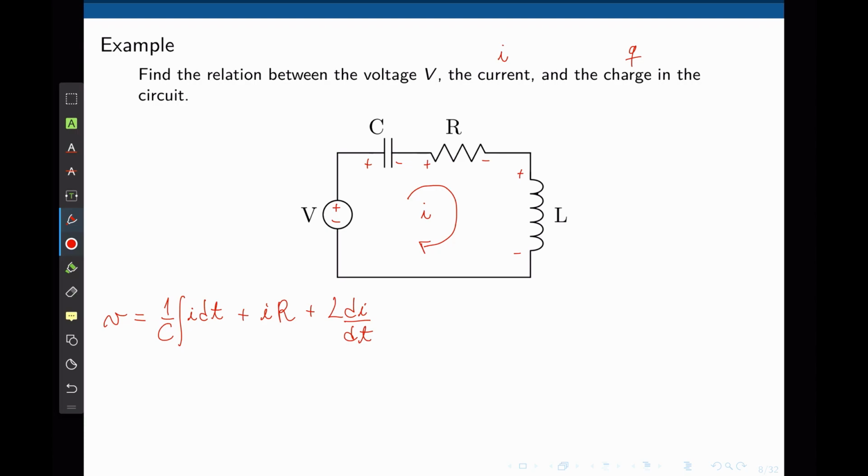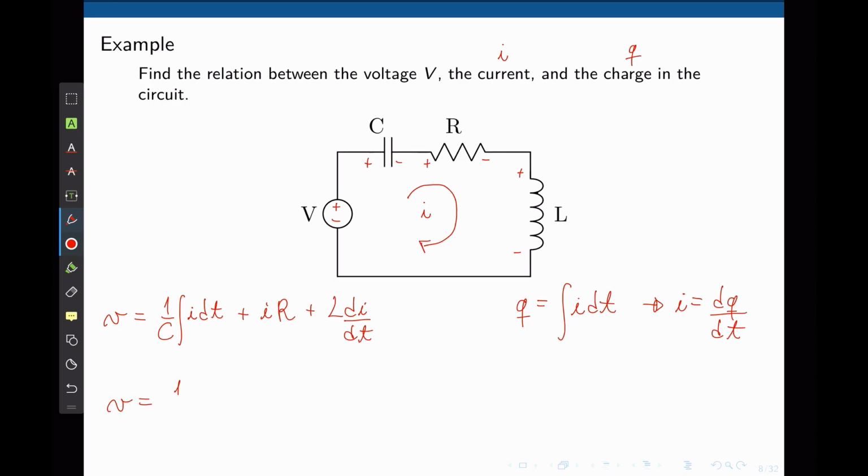If you're now interested in the relation between the charge and the voltage, we need to relate the charge and the current first. If you call the charge Q, we know that the charge is the integral of the current, so integral of I dt, which gives the current as the first derivative of the charge as a function of time. We can now replace this expression we just obtained in the first one and now relate the voltage and the charge directly.